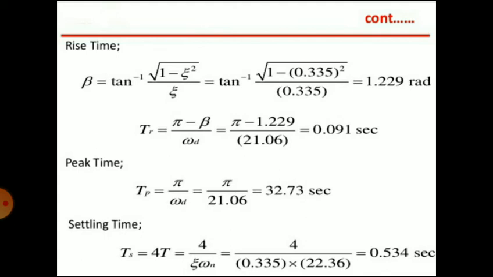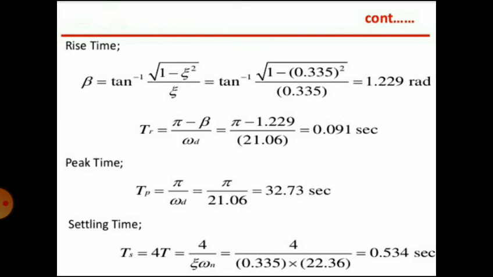So first of all, calculate beta using the formula above. You will get 1.229 radians. Now put this value of beta in this formula. You will get Tr, that is rise time, equal to 0.091 seconds.